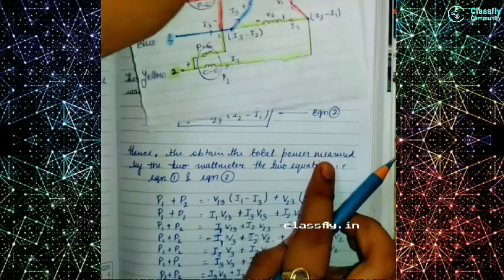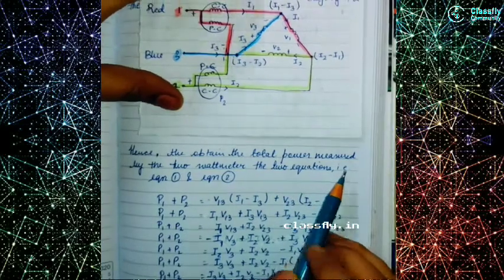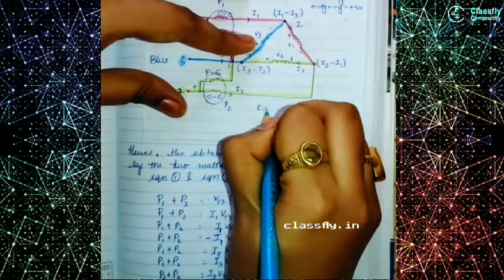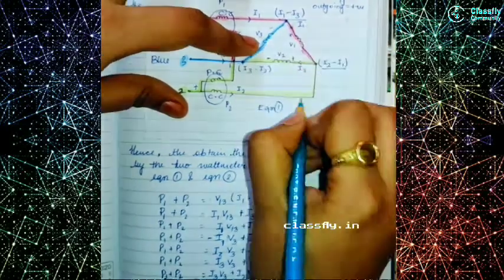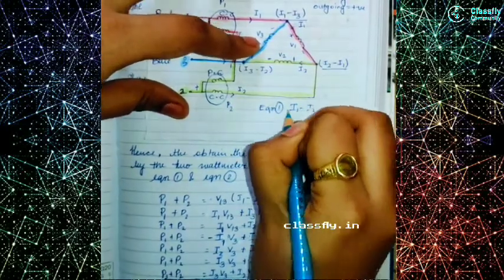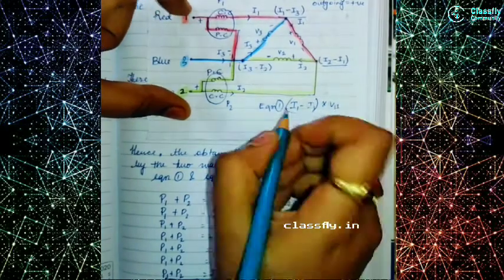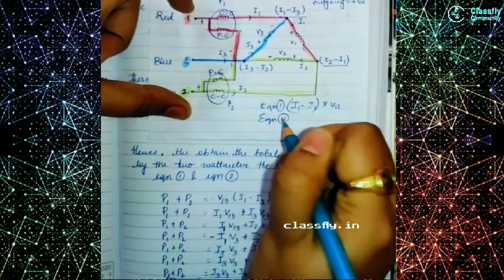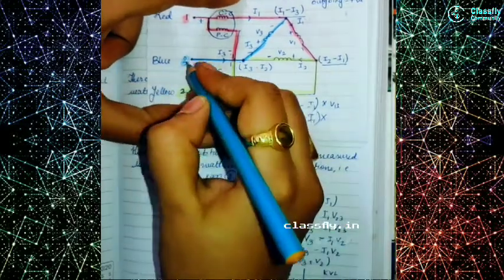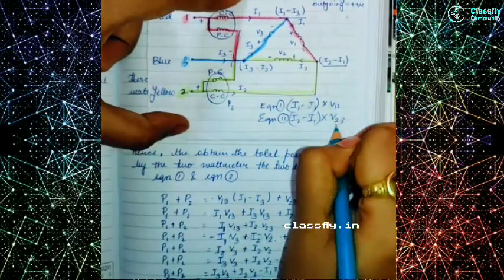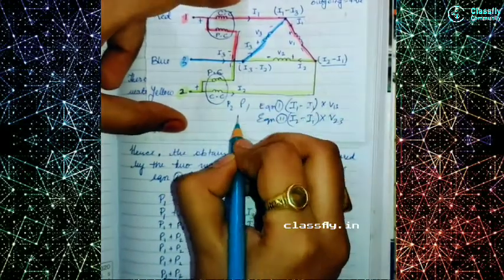Now we will obtain the total power measured by the 2 wattmeters. You remember equation 1 is I1 minus I3 into the potential difference V13, and equation 2 is I2 minus I1 into V23, right? This is your P1 and this is your P2.